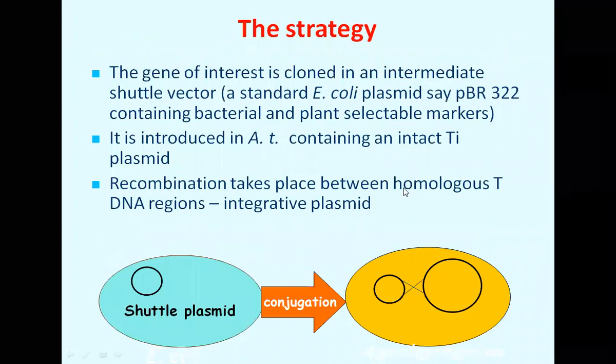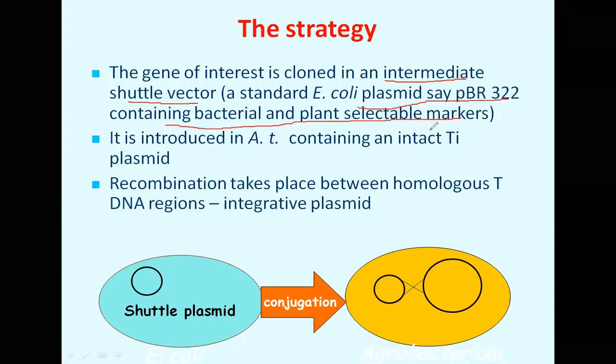Okay, let us first see this co-integrative strategy. So the gene of our interest is cloned in an intermediate shuttle vector. You can simply remember that it is cloned in a plasmid vector. A standard E. coli plasmid is, for example, pBR322, containing bacterial and plant selectable markers.